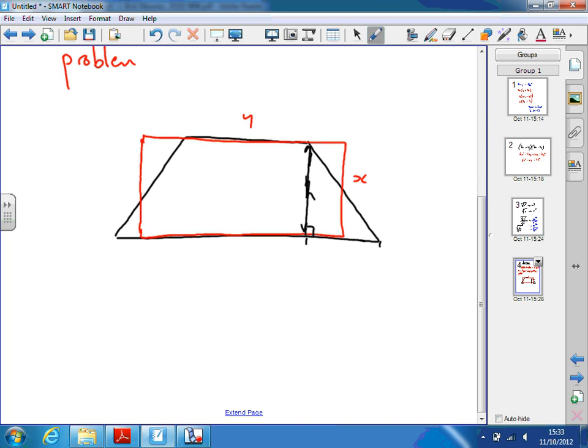But the reason why I've drawn this red triangle on here is to help us to see where the rest of it comes from. Instead of this long side A and this shorter side of the trapezium B, we had two sides that are the same length, which is Y. How could I come up with Y knowing A and B?